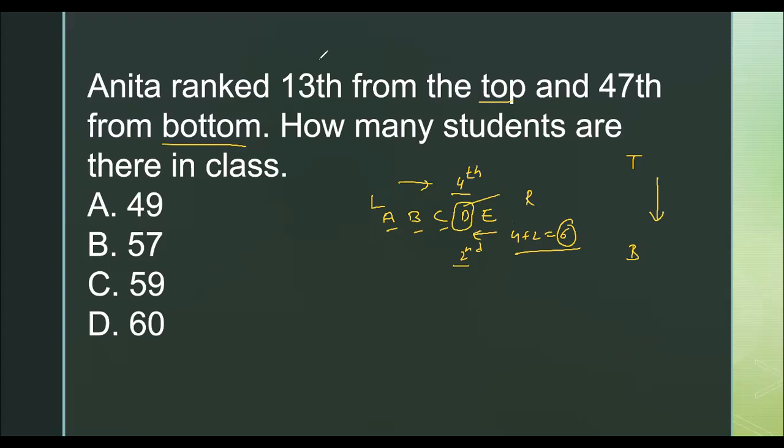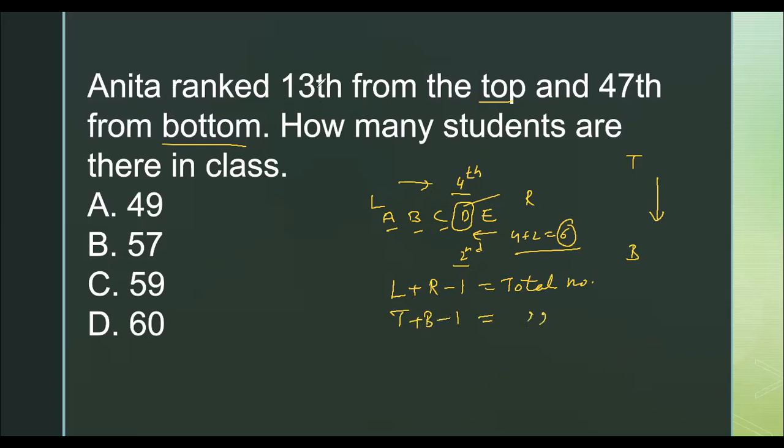So what we have to do is apply the simple formula, which I'm going to share. That is L plus R minus 1. You will get the total number. Like in this, we are having top to bottom, so here you can use T plus B minus 1. If it is left to right, L plus R, but it's one and the same thing.